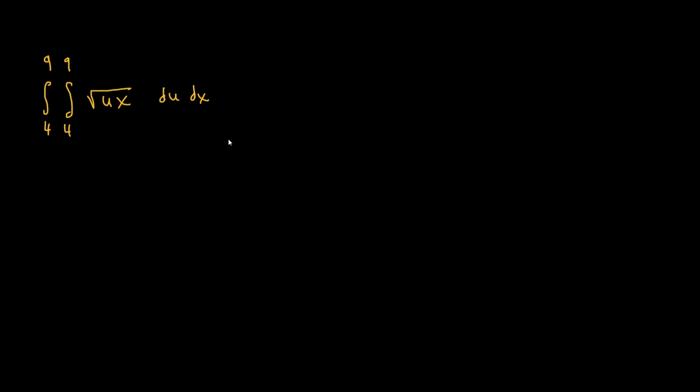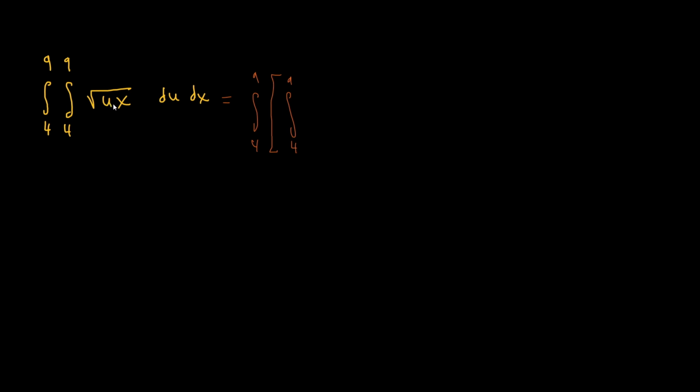Okay, right here we have to do this double integral. And this time I'm going to do them together. And I'm just going to use this giant square bracket to do the inner integral. Okay.